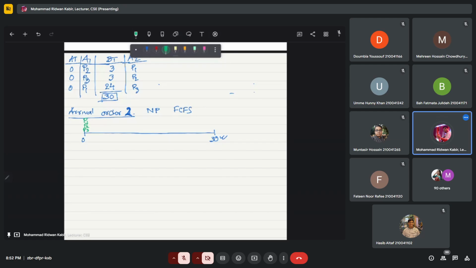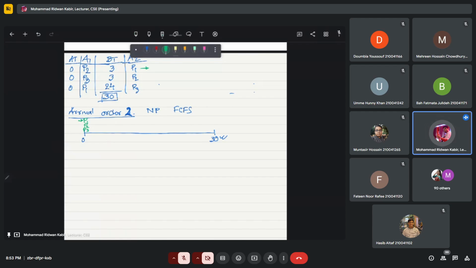The values on top will indicate the arrival order of the processes. Even if we say that it arrives at 0, for the sake of simplicity, we say that P1 by a split millisecond has arrived at 0, P2 after P1, and P3 after P2. So we first start with P1.